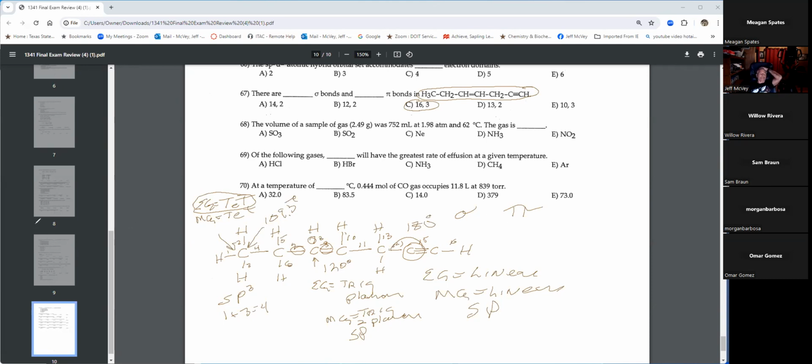Okay. What constitutes a trigonal pyramidal? Okay, let's take something like PH3. You have to draw the Lewis structure. There it is. I've got 1, 2, 3, 4 things. So my electron geometry is tetrahedral, but my molecular geometry is different because I got this non-bonding pair of electrons pushing down on all 3 of these bonds.